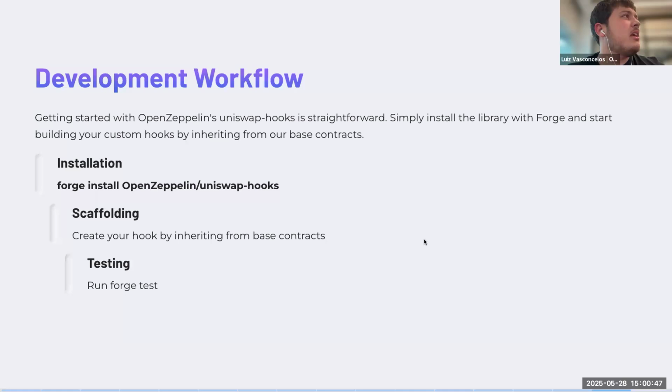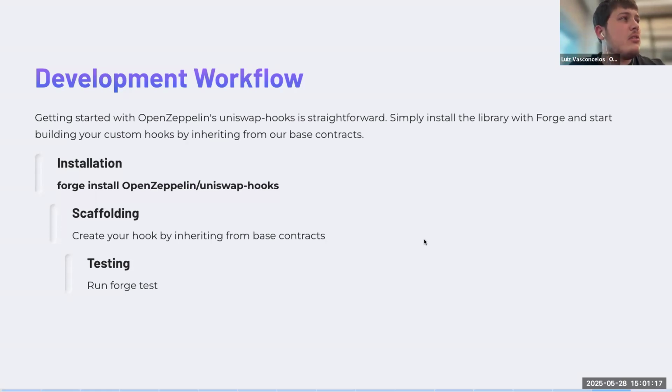Yeah, so in terms of the development workflow, we're almost out of time here, so I'm just going to go very simply over how people should use it. Today, you should use Foundry. This is how we are developing it. Soon we're going to launch an npm version of it, so you're also going to be able to install it with Hardhat, for example.